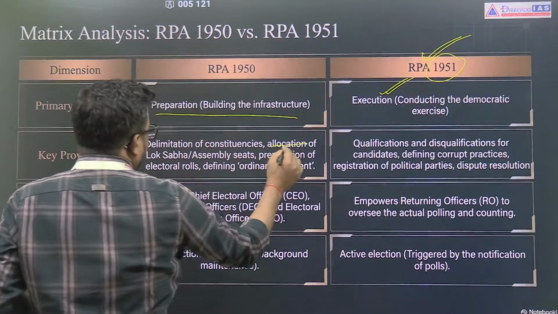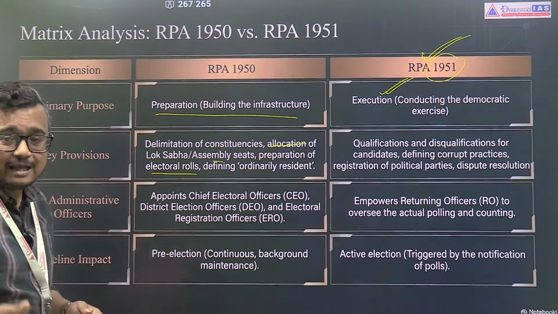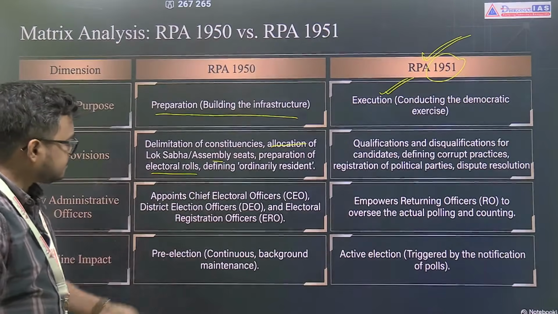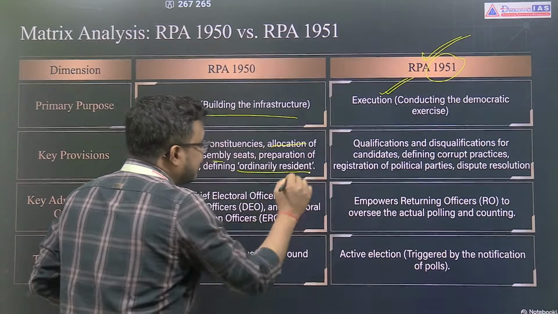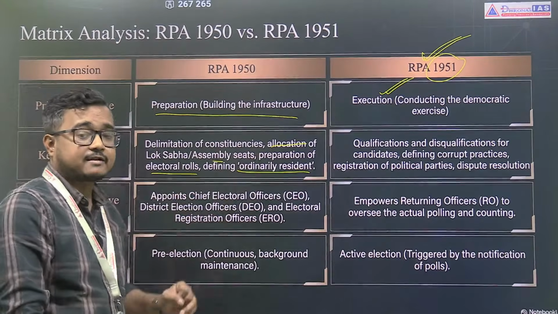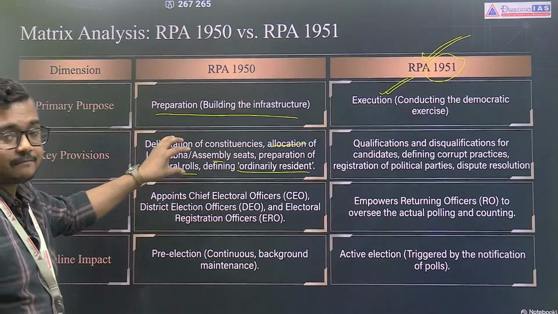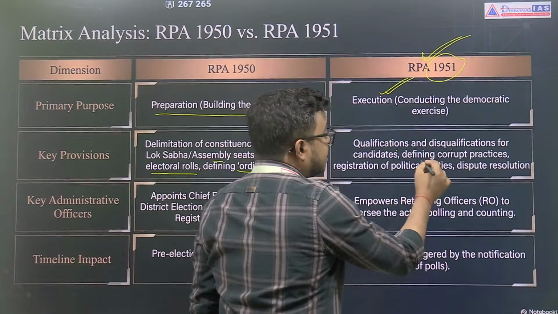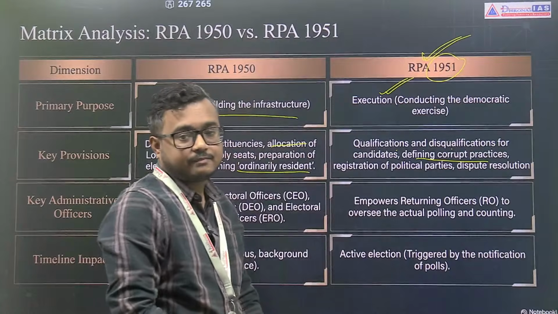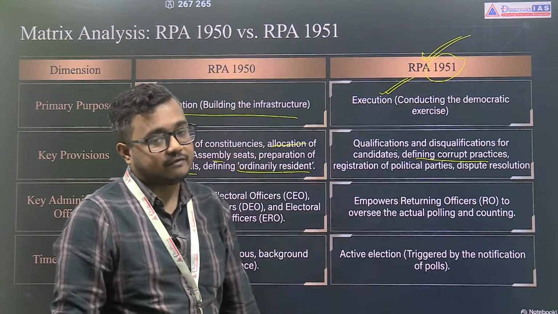How the seats will be allocated, how the electoral rolls, that means the names and other details of the voters, will be taken. Who is an ordinary resident in India? Because it's a criteria, right? All these are part of 1950. And in 1951, qualification, disqualification, corrupt practices. Which practice is a corrupt practice? That will be defined in 1951.